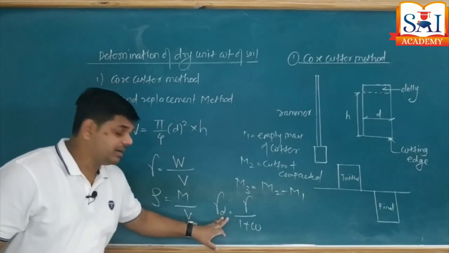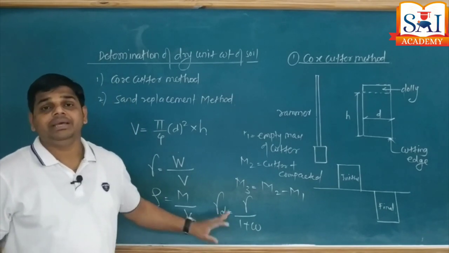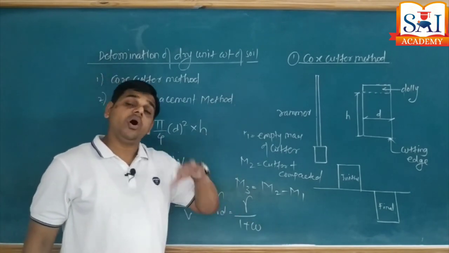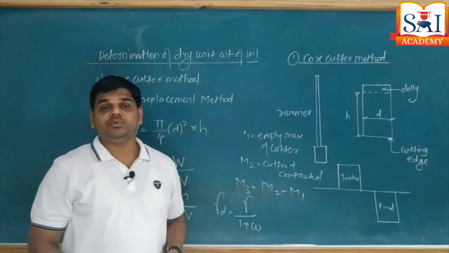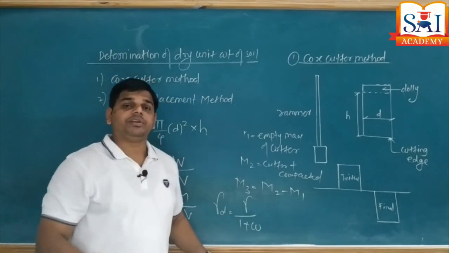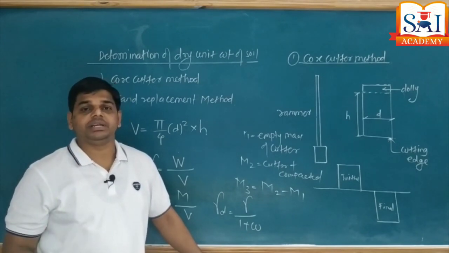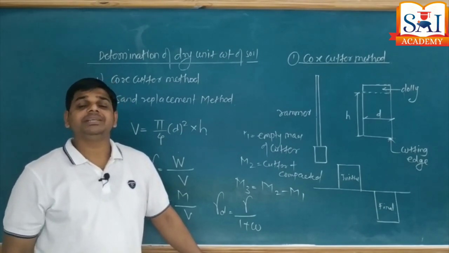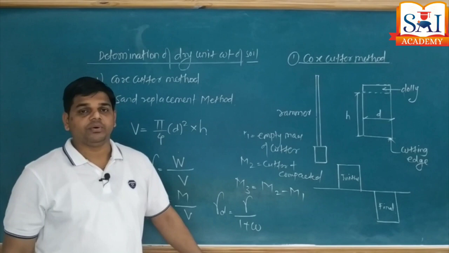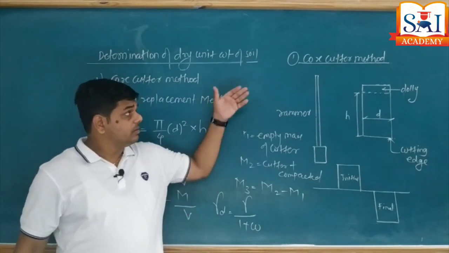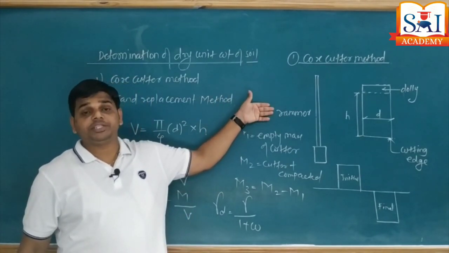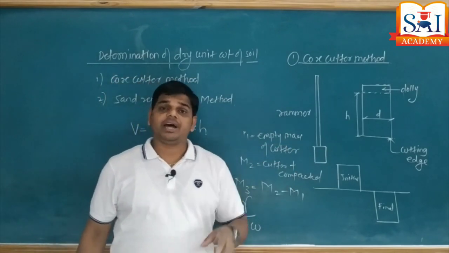If the value obtained on field for gamma d is approximately close or equal to the dry unit weight obtained in the laboratory, then we can say the compaction efforts are 100% or relative compactness is very close to 100%. Okay, here completes the core cutter method for determination of bulk unit weight and dry unit weight.